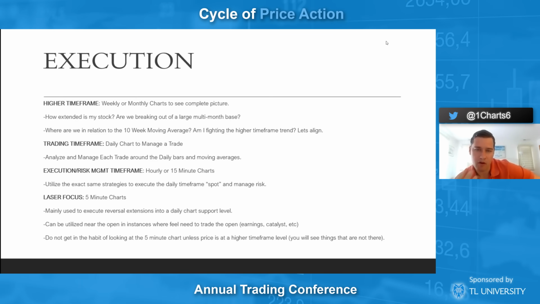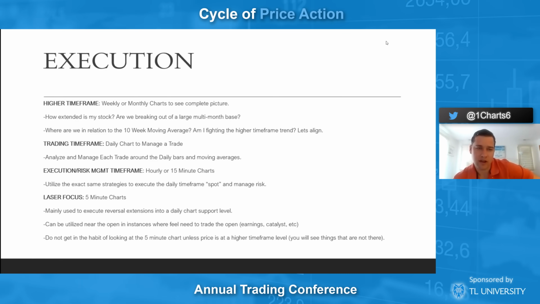And then I always want to ask myself, am I fighting a higher time frame trend? You may think, hey, I've got a 2 to 3 week base in a stock, but it's right after a monthly shooting star that's extended from the 10-month moving average. It's unlikely to work.